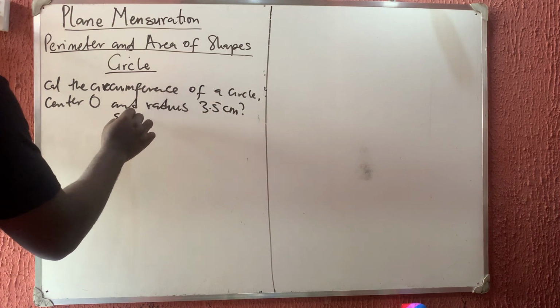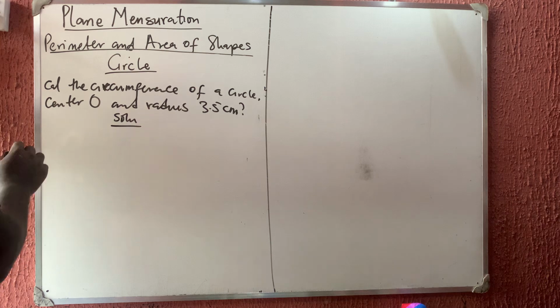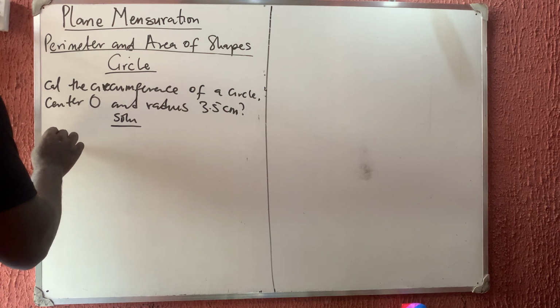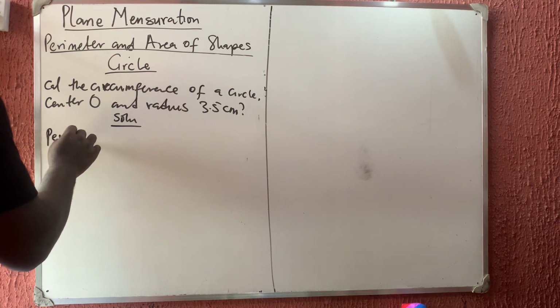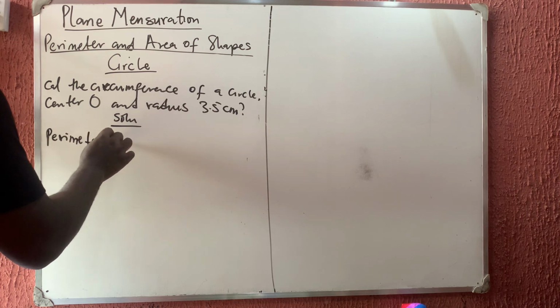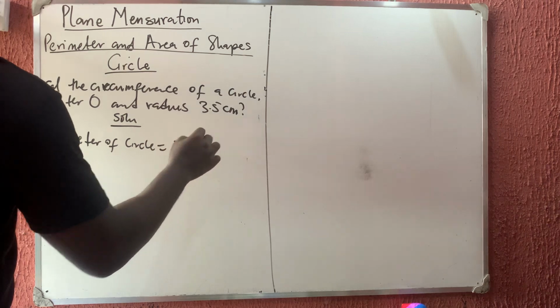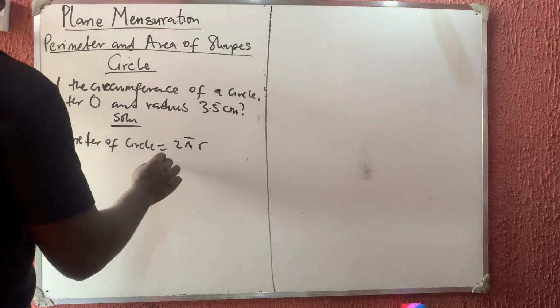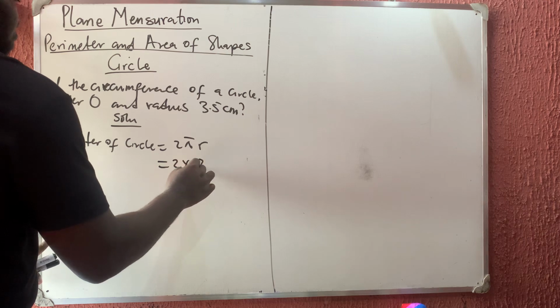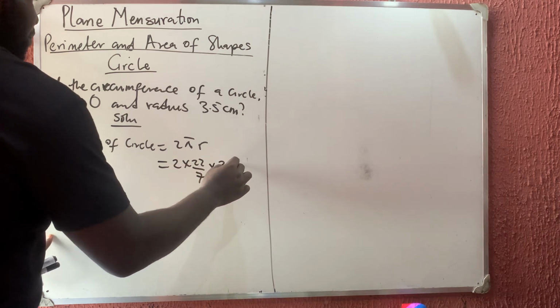Solution. Like I told you, the perimeter of a circle is equal to the circumference of a circle. So we can equally call it the perimeter or circumference, any one you like. The perimeter of the circle is given as 2 pi r, which is 2 times 22 over 7 times 3.5.